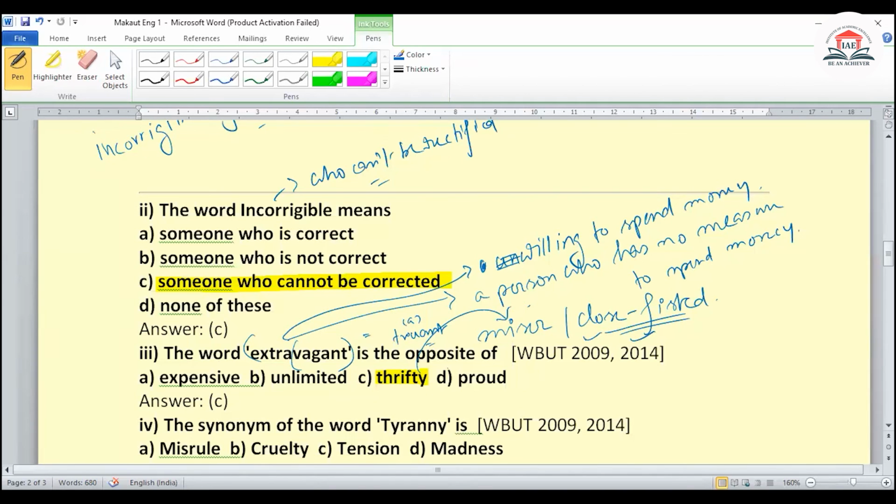Option B. Cruelty, exactly. Tyranny, tyrant, right? One who shows some sign of cruelty. The person is called tyrant. One who tortures others is called tyrant. And tyranny is this activity, right? So this is tyranny. So the word is clear to you, and the answer is 100% correct.